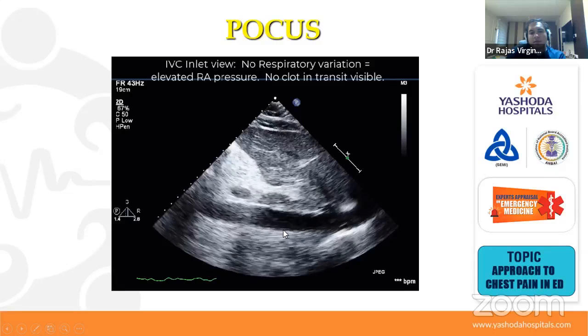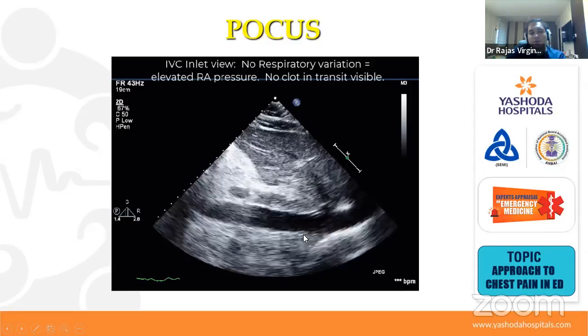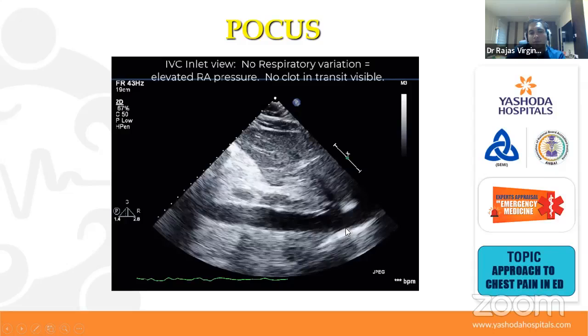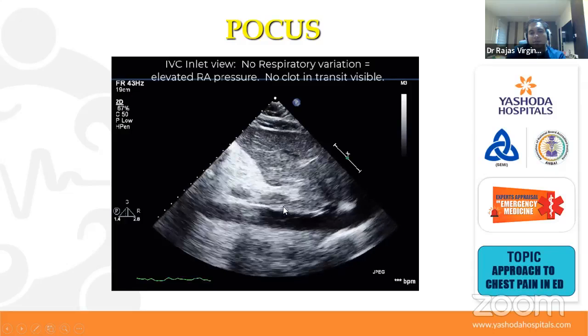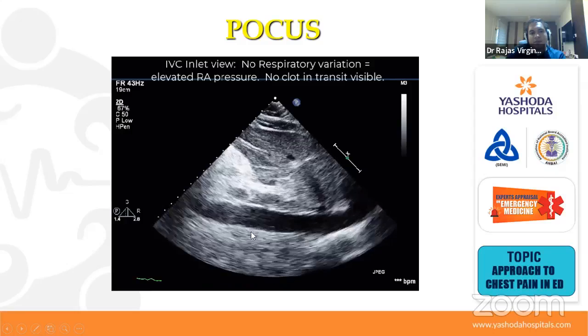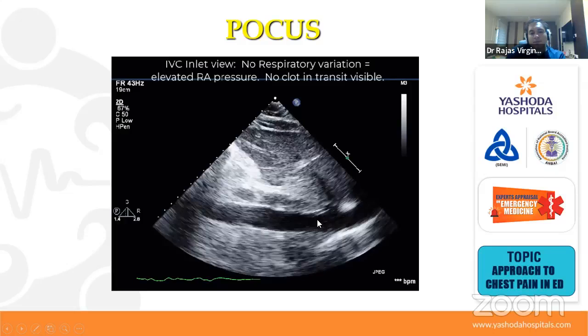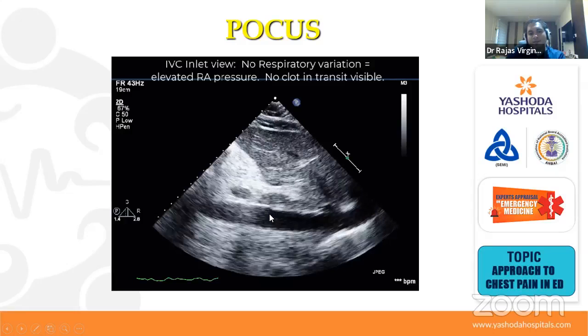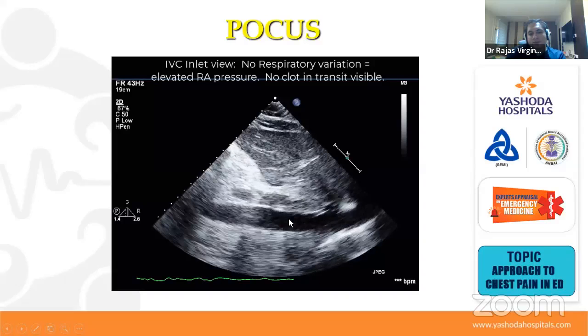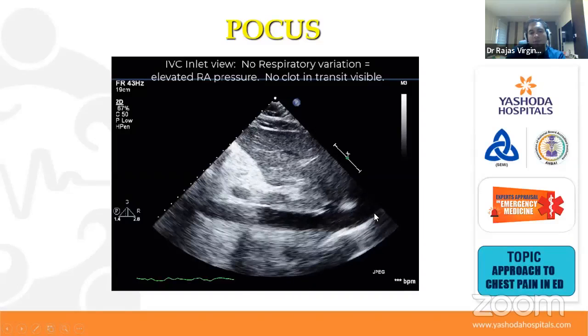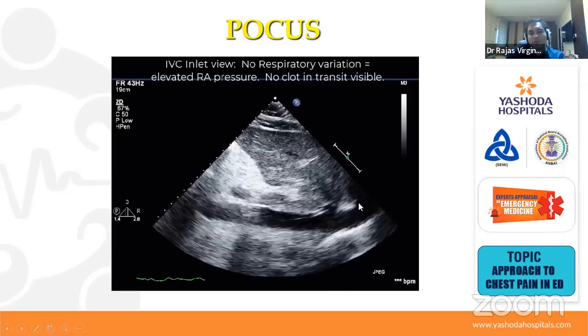Generally, we can see a respiratory variation. However, in this case, you can clearly see that the IVC looks plethoric. It's dilated, it's full, it's got a higher pressure, which is transferred from the right atrium.